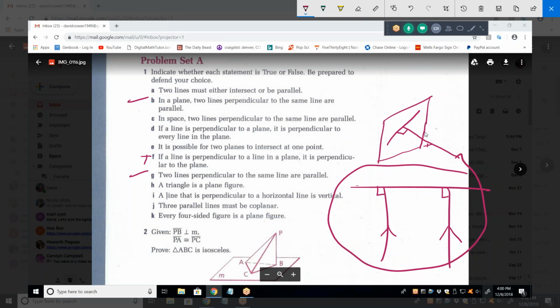I think it's false because in the other problems, it specifies if it's in a plane. Yeah, I think you're right. Yeah, so I think that's false. I guess they would be.